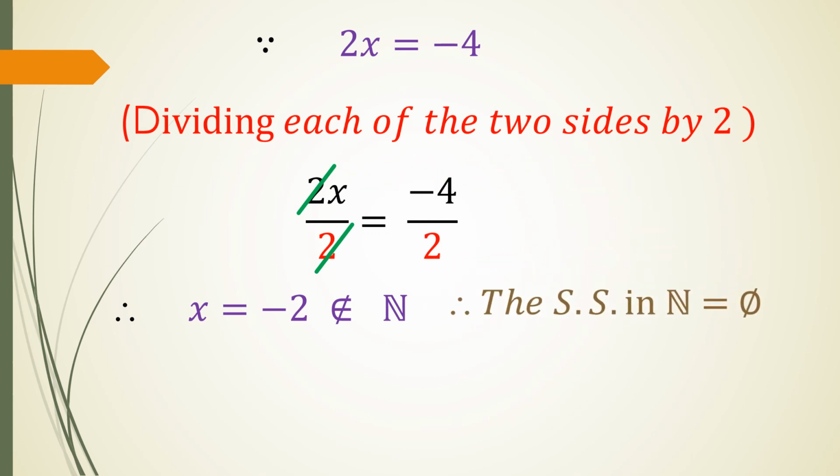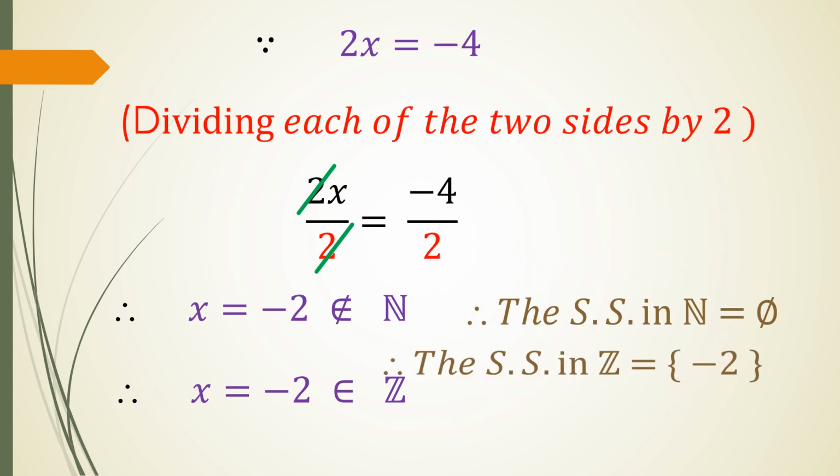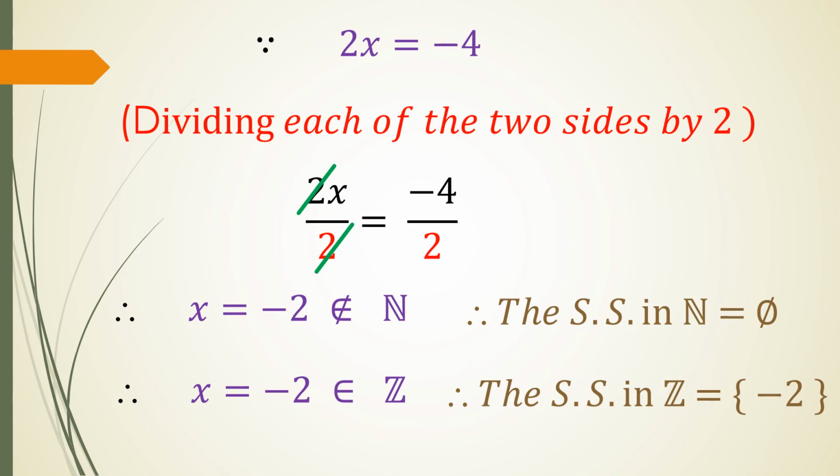So the solution set in N is empty. Okay? x equals negative 2 belongs to Z. Negative 2 belongs to the integer numbers. So the solution set will be the set {negative 2}.